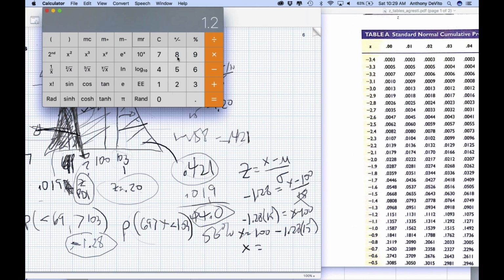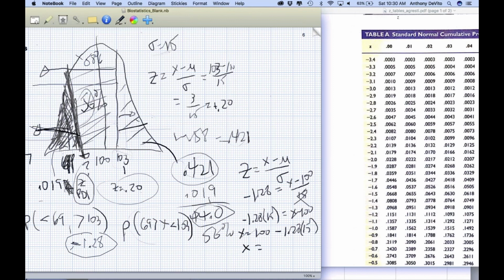I wish they had better calculators on computers. 1.28 times 15 is equal to 19.2. I should have remembered that anyway. So I'll clear this. I'm going to take 100 and subtract the 19.2, and it's 80.8.